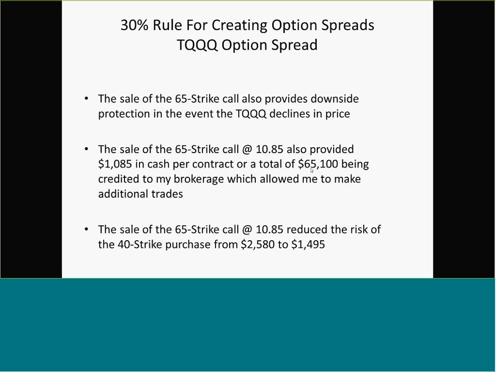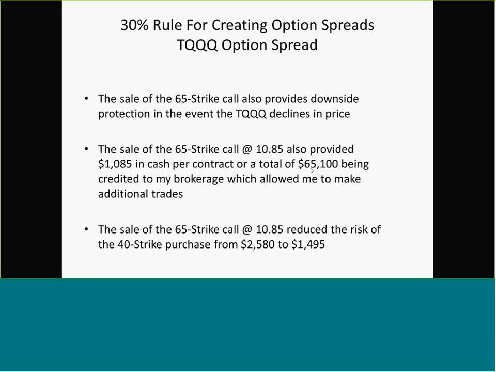So that cash allowed me to make additional trades. That's another important advantage to these debit spreads: you're selling option premium and cash is going into your brokerage account, and that allows you to make additional trades.